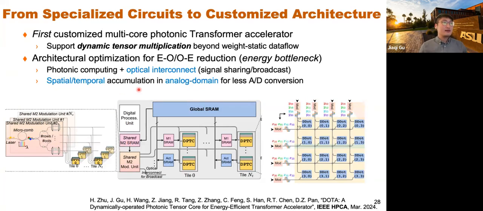The cost is also in the analog-to-digital conversion part, and you can use various optimization techniques to further shrink it, by using temporal integration or optical DAC, to reduce the DAC and ADC cost. So you can use smart architecture-algorithm co-optimization to reduce the bottleneck from memory and data movement. Hope that answers your question.